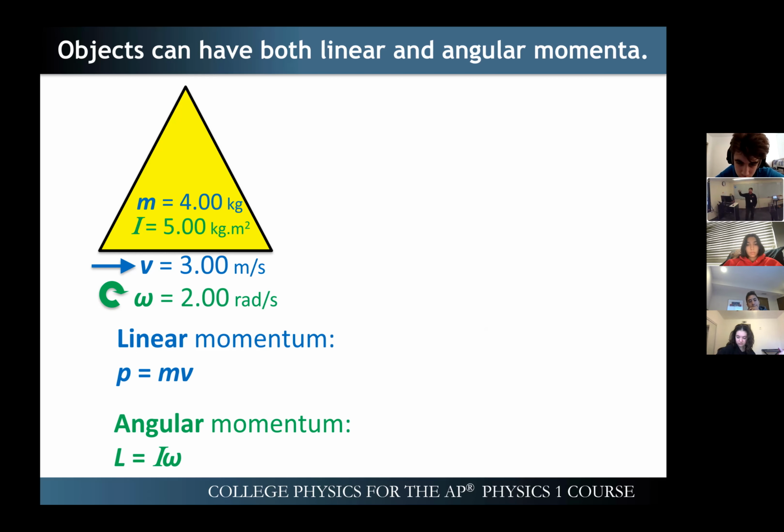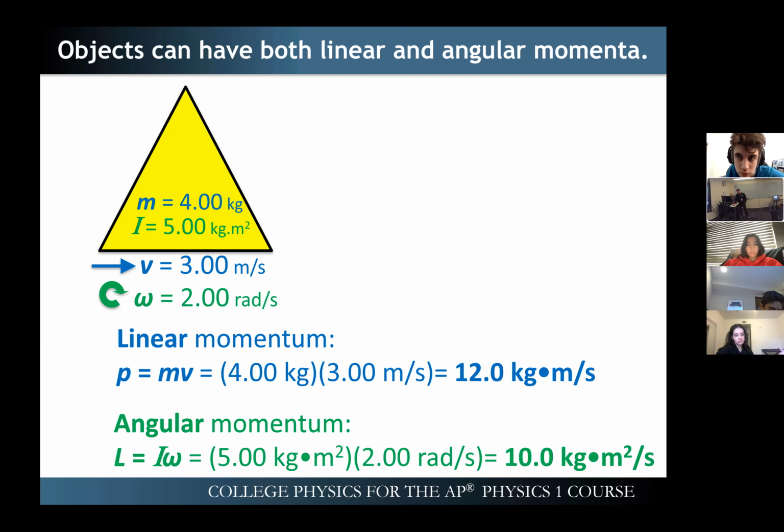So hopefully you can see that these equations are very similar. We're solving for momentum in both cases. We're considering the inertia that the objects have and their velocities. But in one case, it's the rotational inertia and velocity, and the other, it's the linear inertia or inertial mass and linear velocity. Now, the tricky part is, if we plug these numbers in, we get 2 different answers.